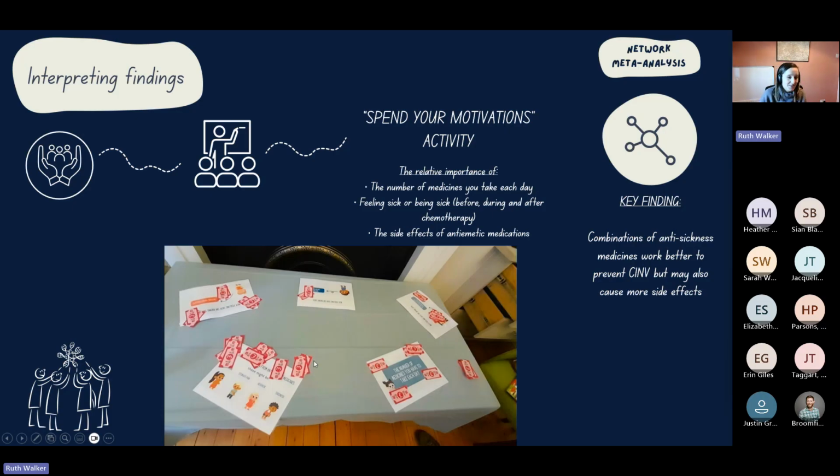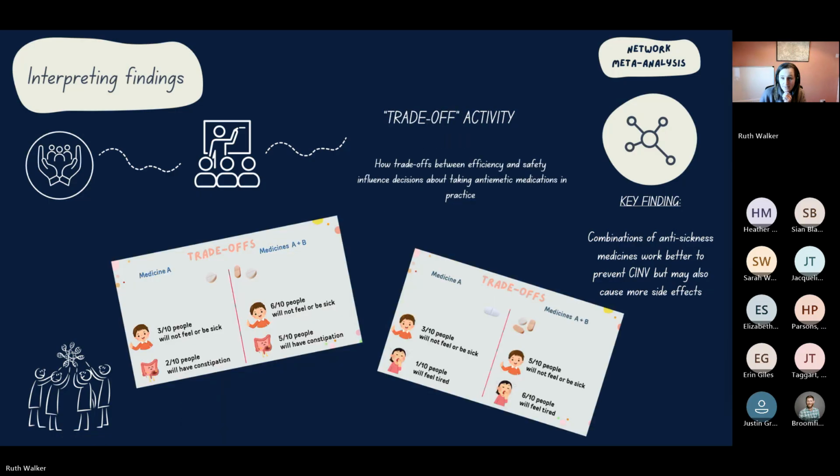So thinking about things like constipation, diarrhea, some of these side effects can be quite severe. And I think it's not necessarily what we expected people to find most important. So the next activity was a number of hypothetical options of taking fewer medicines with a particular probability of not feeling or being sick, and a particular side effect.